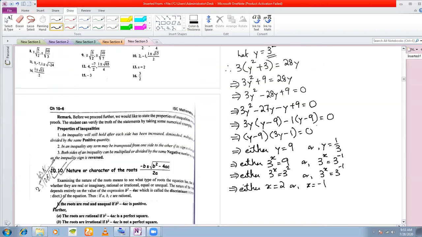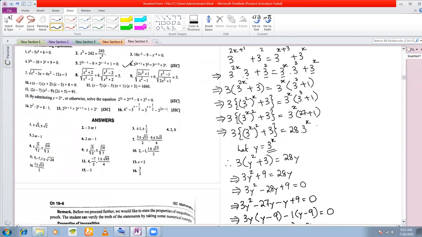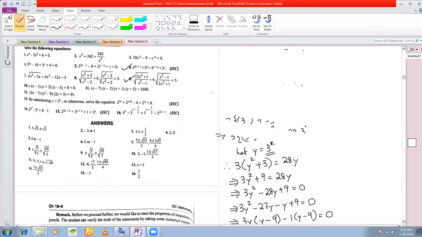These kind of equations are actually important for your ISC. These type of equations, number 9 type of equation, are a little long to do, but it is important from your examination point of view.